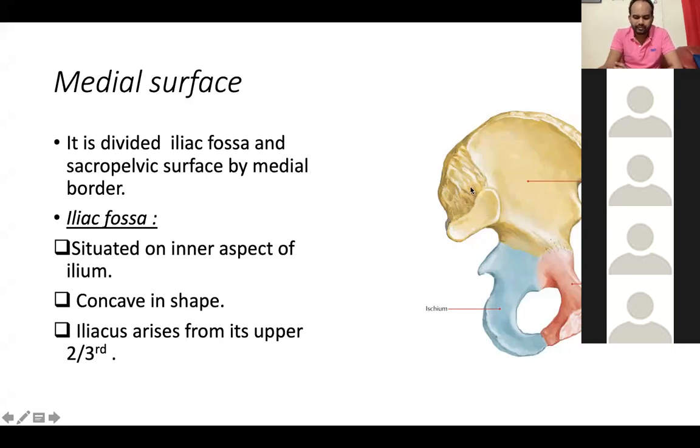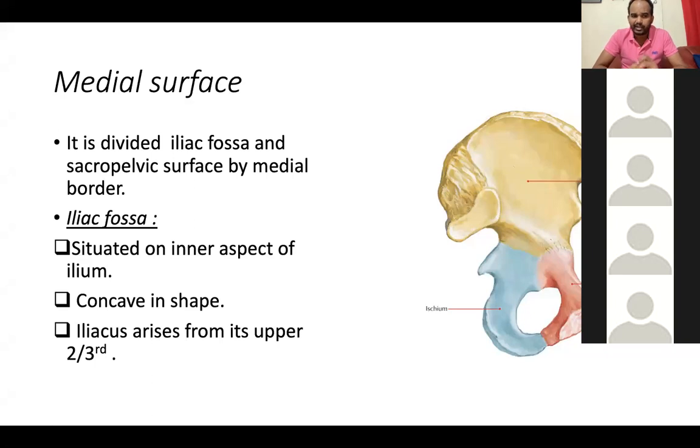The iliac fossa is present in front of the medial border. What is the shape of the iliac fossa?